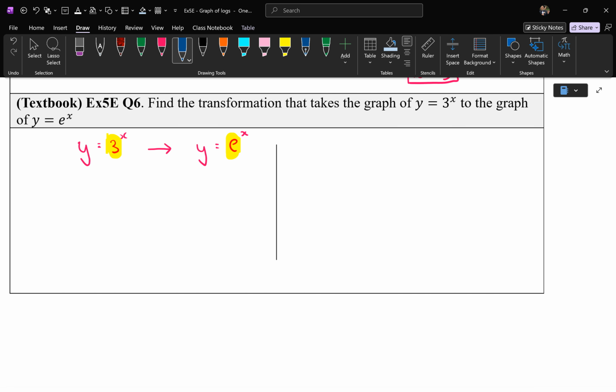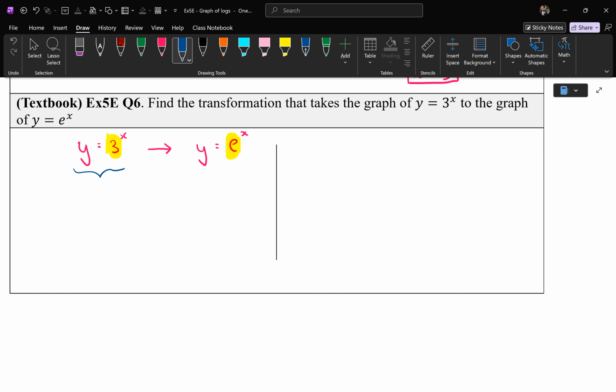I thought it was dilation. In 5, 4, 3, 2, 1.